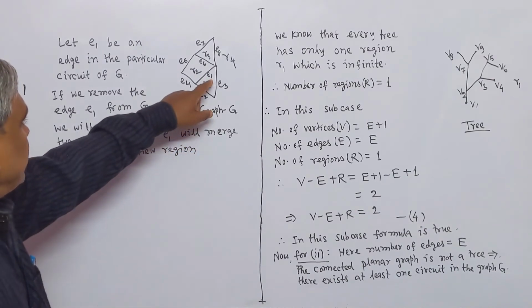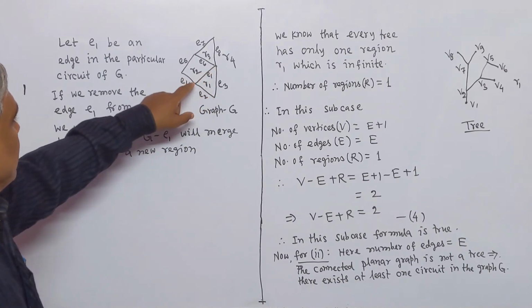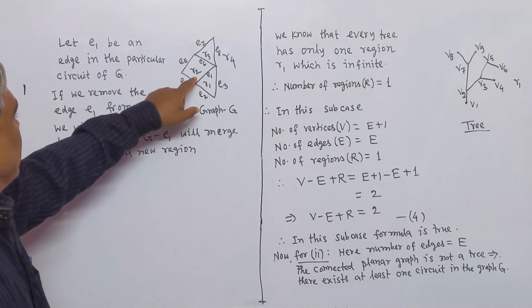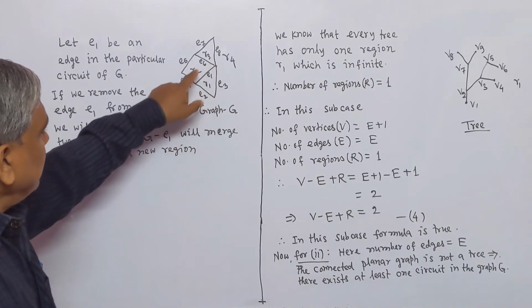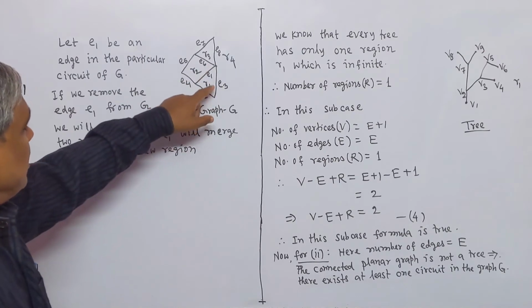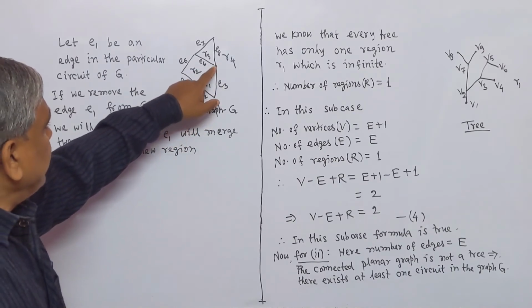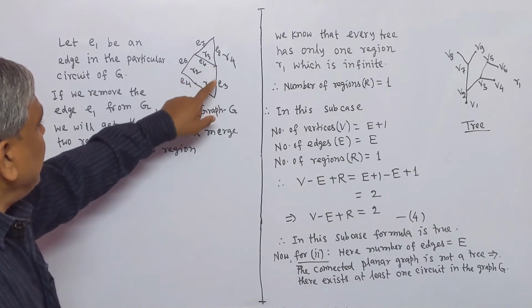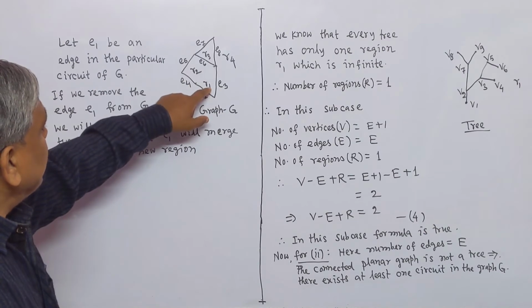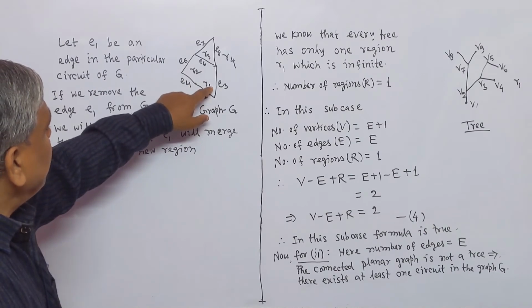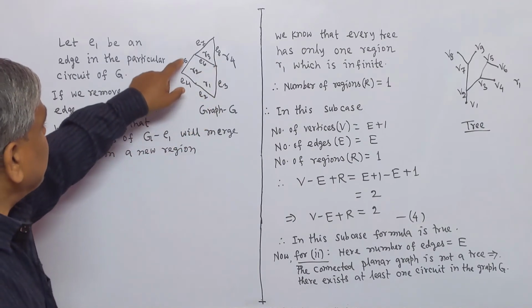Here we see that edge E1 is in the circuit E1, E2, E3. Here if we remove E1, we get that the regions R1 and R2 will merge and form a new region.